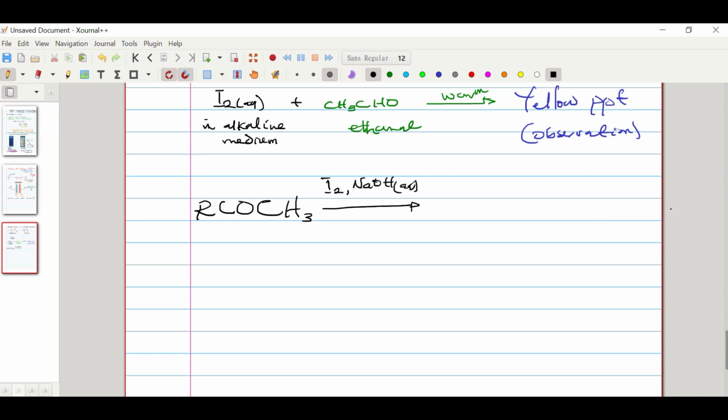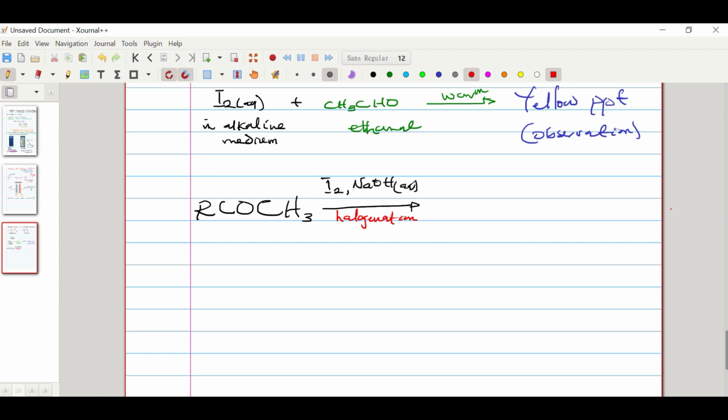So the reaction is going to be a halogenation. We want to halogenate this CH3. The first reaction is halogenation. We want to add the iodine.